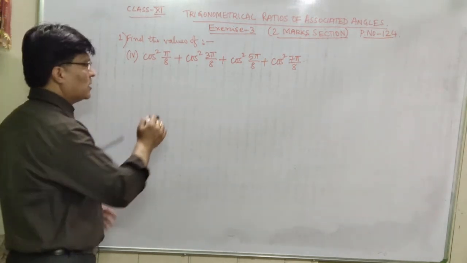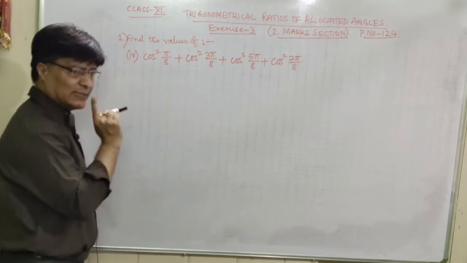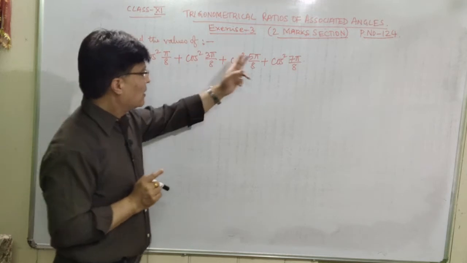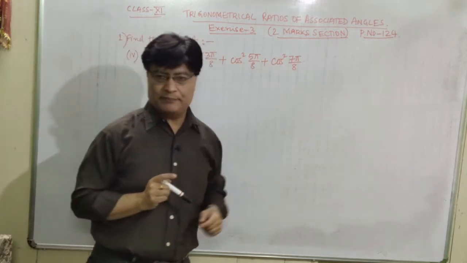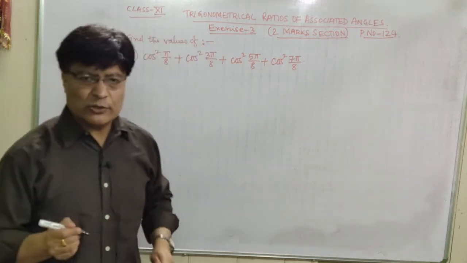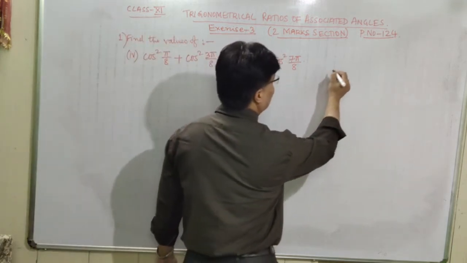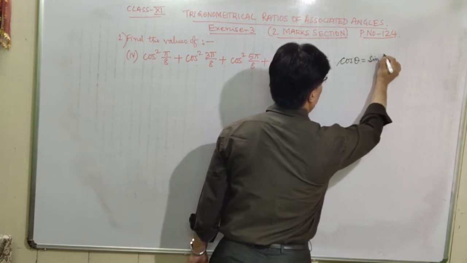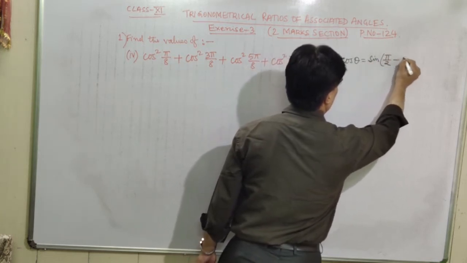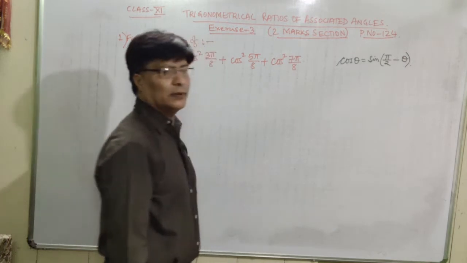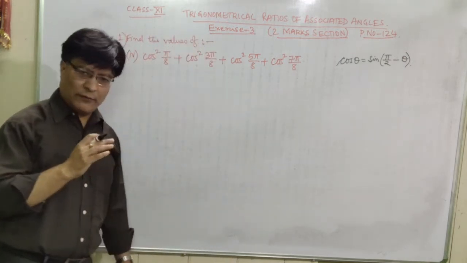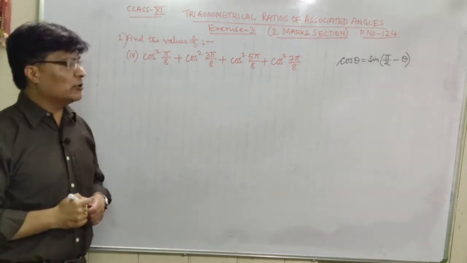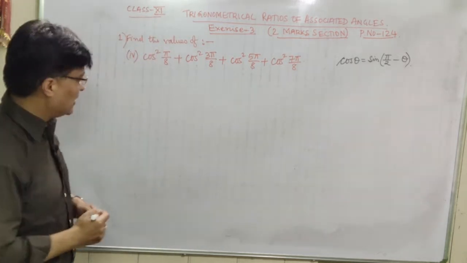So in this case, keeping the first two terms as they are, let us convert this cos into sine. You can change cos into sine, isn't it? So how can you change cos theta into sine theta? You have to use this formula, sine of pi by 2 minus theta. So you know that if you want to change cos theta into sine, you may write cos theta is equal to sine of pi by 2 minus theta.